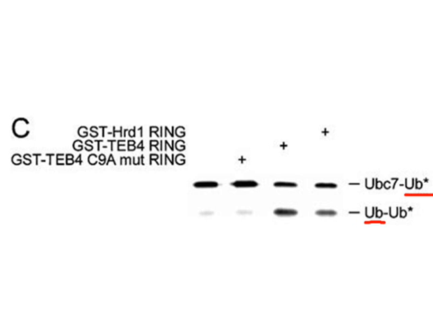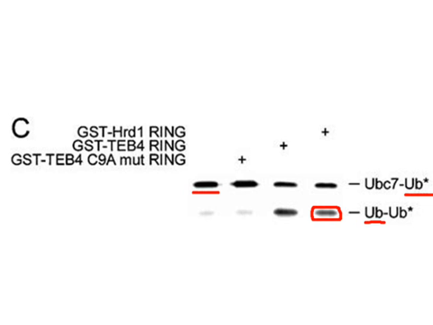The leftmost reaction shows a negative control with no ring domain, showing the majority of the fluorescently labeled ubiquitin resides with UBC7. The rightmost lane shows the positive control, where HRD1 ring, a previously proven E3 ligase, is used and is able to catalyze the transfer of the fluorescently labeled ubiquitin to the cold substrate.